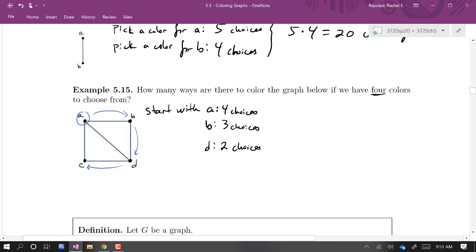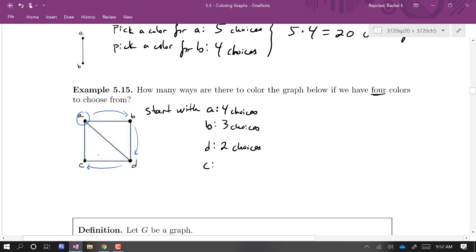So now here we are, A, B, and D have all been colored, and I'm considering vertex C. C is connected to A and D, but it is not connected to B. So here's what that means. The colors for A and D, which we know are different from each other because they're connected, those 2 different colors cannot be chosen, but whatever color B is back in the running.